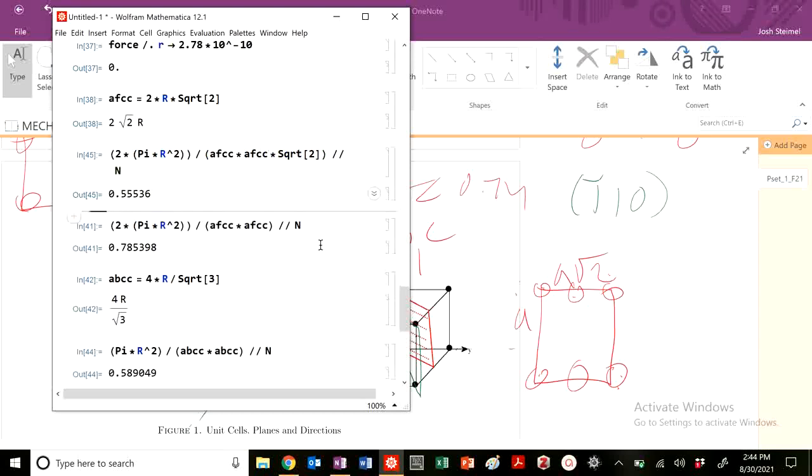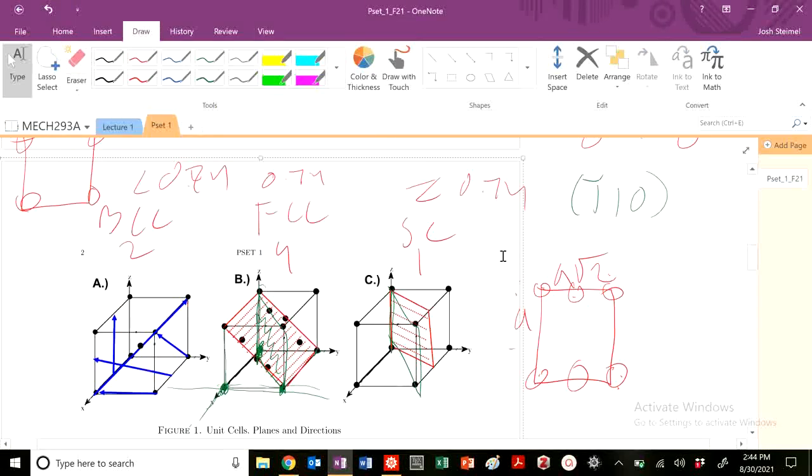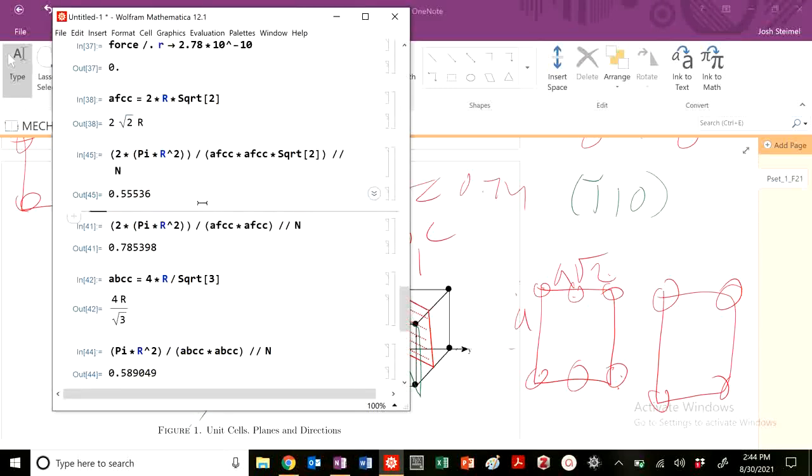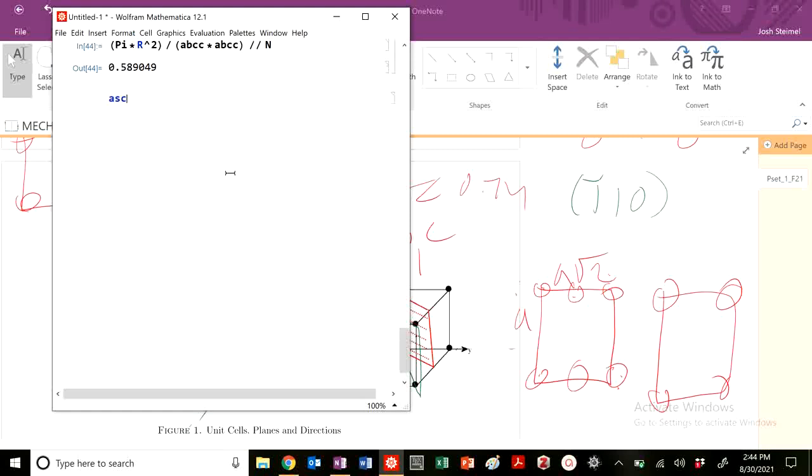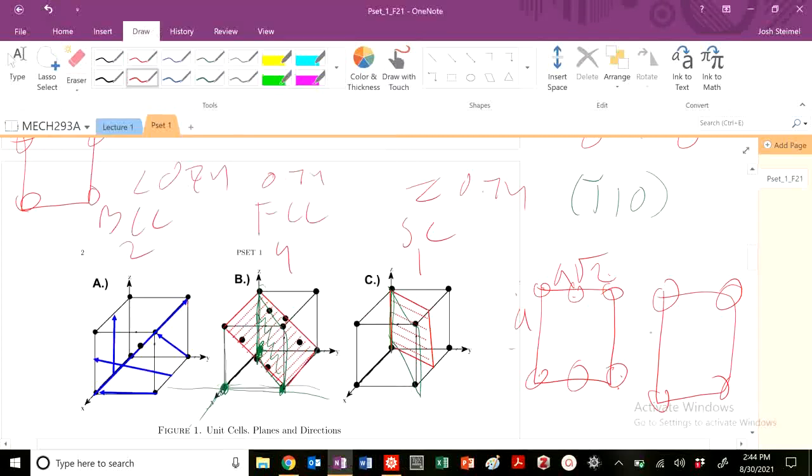And then for C, I have a very similar looking cell, just 1 atom. And again, this is simple cubic. So my A of SC is equal to 2 times R. So there's my A SC. This is A, this is A, this is A, and this is A square root 2. So I only have one atom there.